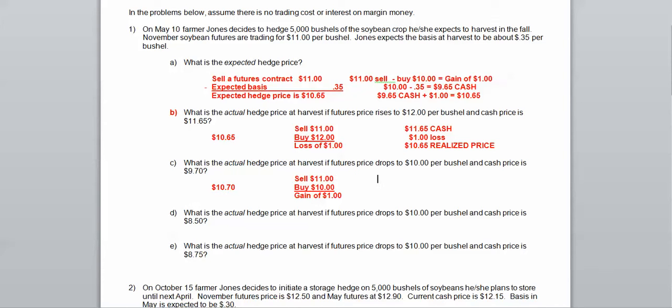Cash price is currently $9.70. We add the dollar gain. We end up with $10.70 a bushel, just like we predicted.